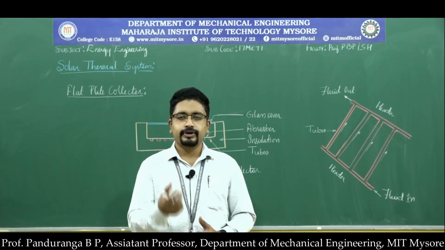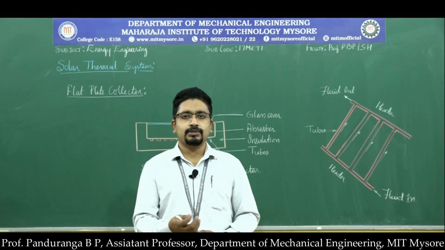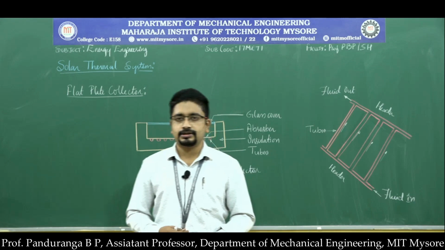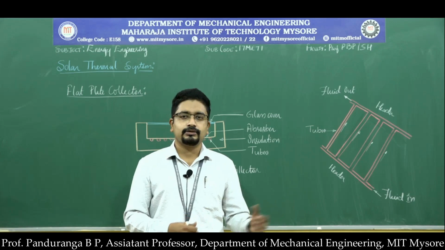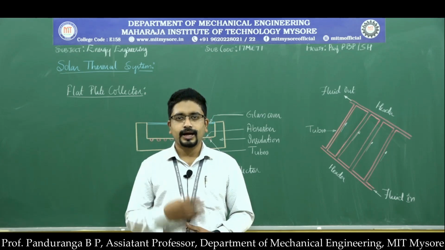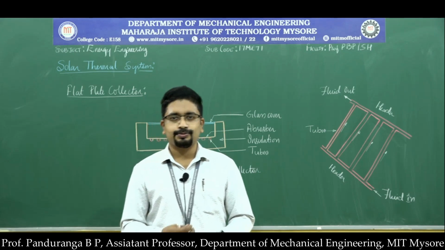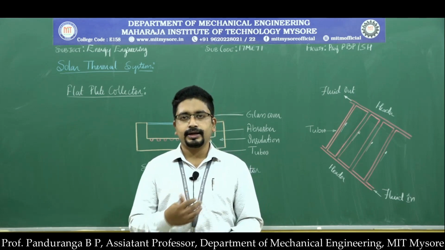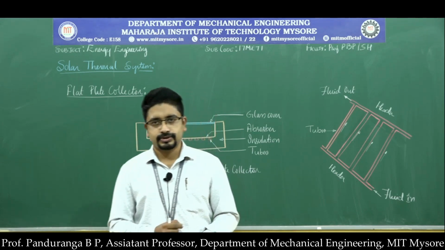Since we are using a concentrated solar system, we can have steam at a temperature of around 90 to 100 degrees Celsius, and that can be utilized for cooking purposes. That reduces a lot of losses, a lot of electrical energy consumption, or a lot of firewood which is required to produce the steam. So these are a few of the examples where on a day-to-day basis we can come across solar thermal systems.